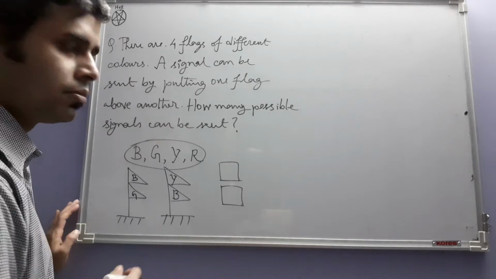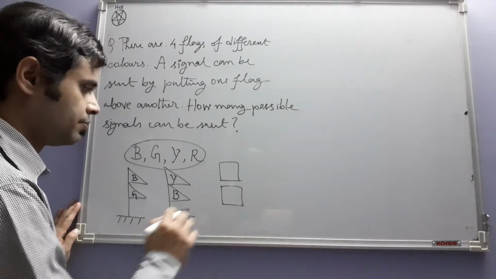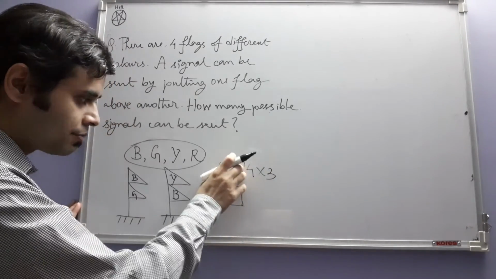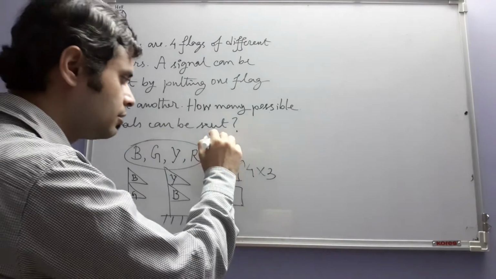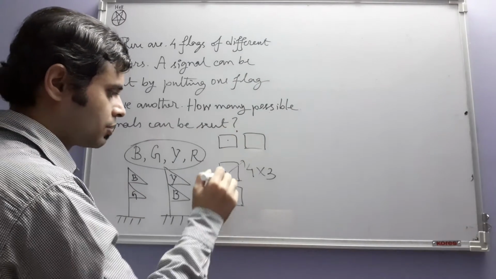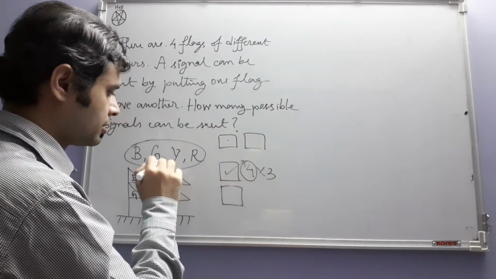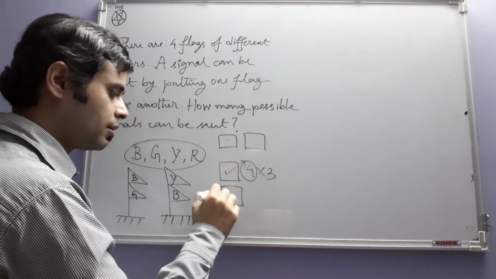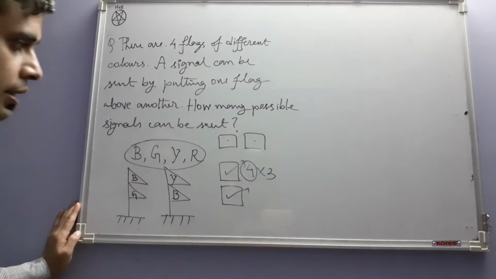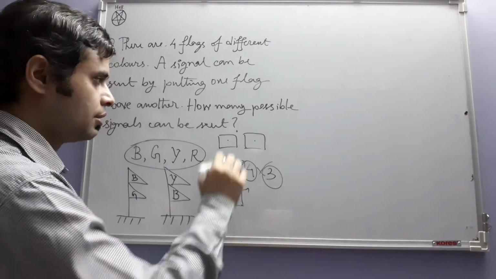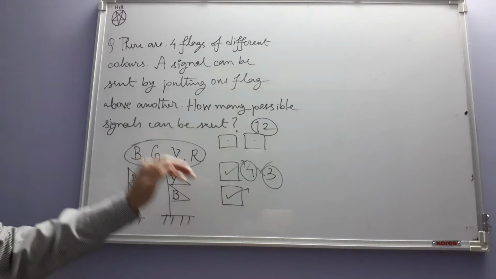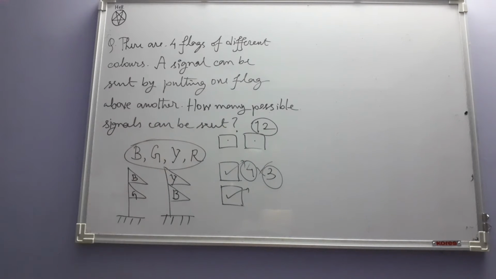So now the solution is quite simple. 4 times 3, because for the first one, instead of thinking of it in a vertical fashion, you can think of it in our usual horizontal fashion also. For the one on top, there are 4 choices. For each such choice, the one in the bottom can be chosen in 3 distinct ways. So together they can be chosen in 4 times 3 ways. So there are 12 possible arrangements of the flags. Hence there are 12 possible signals.